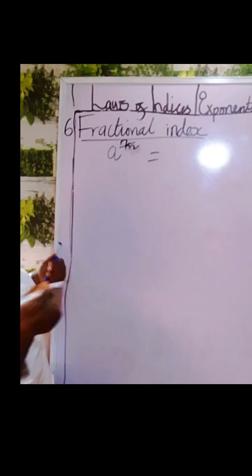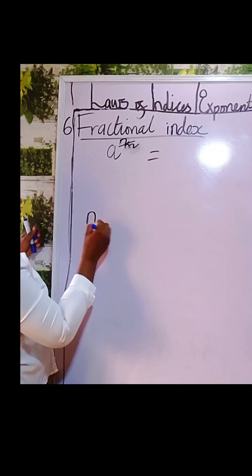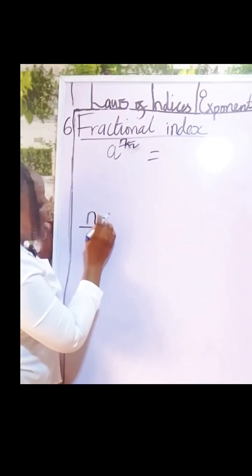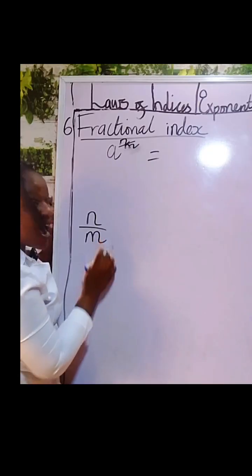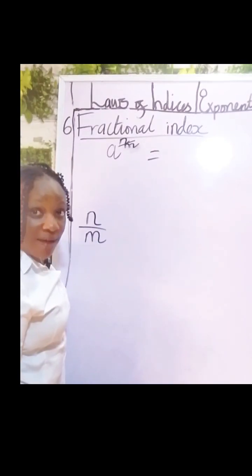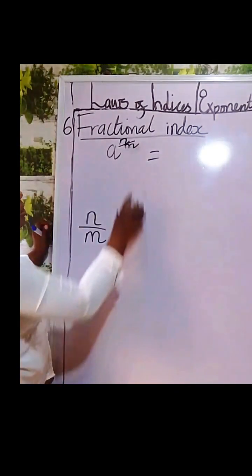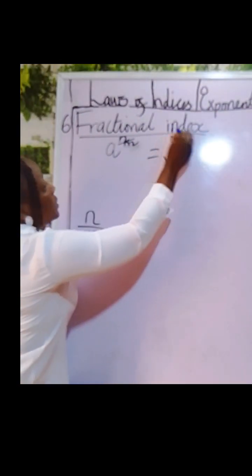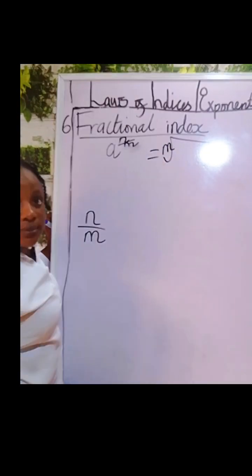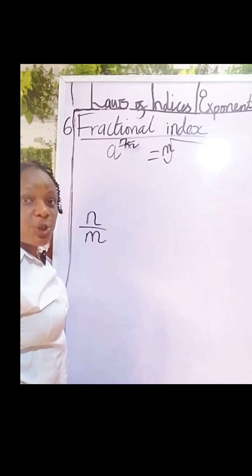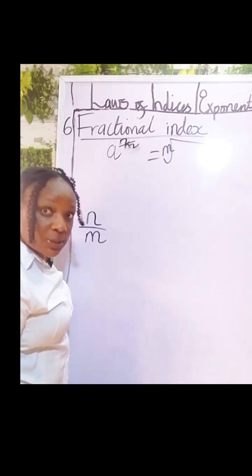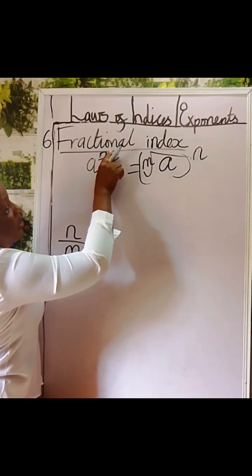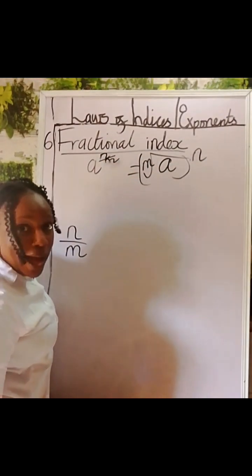Okay, and the rule says, you see, this n over m, this is a fraction. And here is the numerator, while here is the denominator. Have you seen it? So, according to the rule, the denominator will become the roots. We have square roots, cube roots, fourth roots. The denominator will become the roots, while the numerator will become the power.